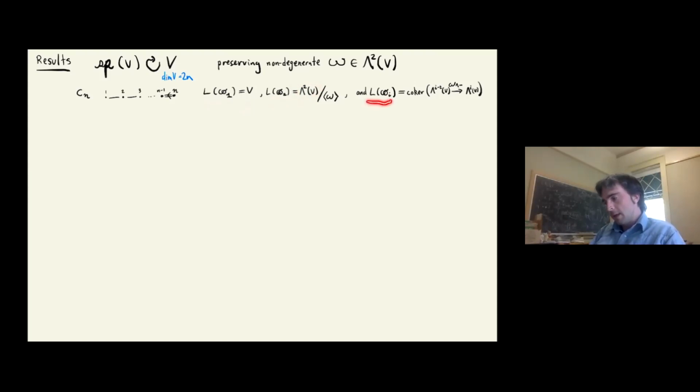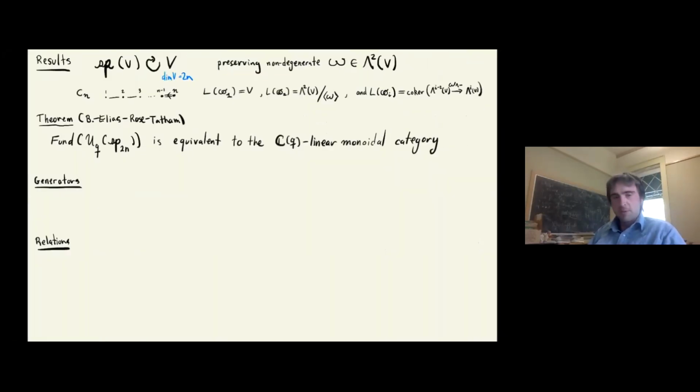And in more general settings, each of these fundamental representations is realized as some subquotient of wedge i of V, and it's the quotient of wedge i of V by the image of, well, I take something in wedge i minus 2 of V, and then I wedge that with this non-degenerate 2-form that spans some sub-representation, and I can take the quotient. So those are our fundamental representations, and we're trying to understand Rep Sp(V) from a generators and relations perspective.